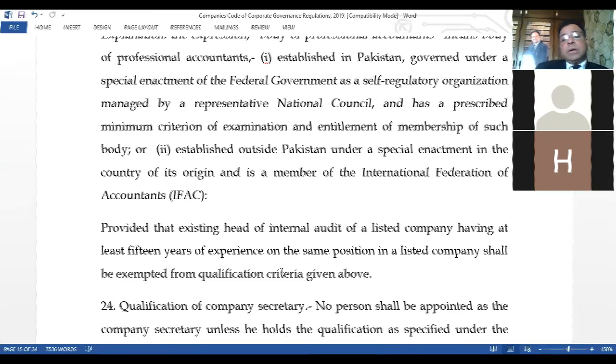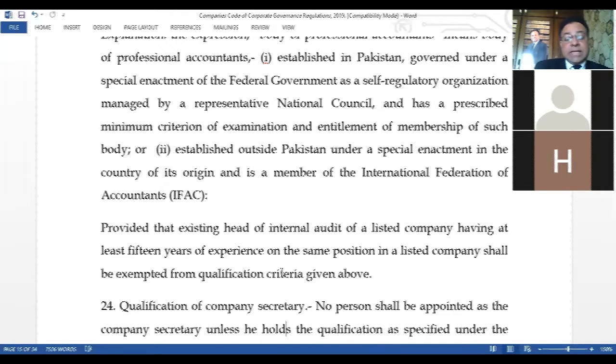Thank you very much, Mr. Kamran Shaukat. And this is how Regulation 23, which is very comprehensive, covers all the aspects in terms of qualification, experience, and length of service.